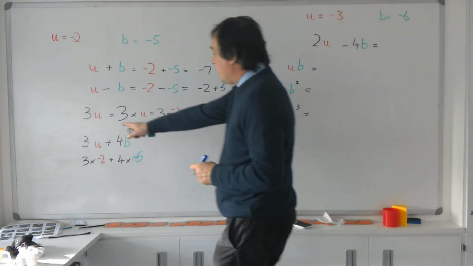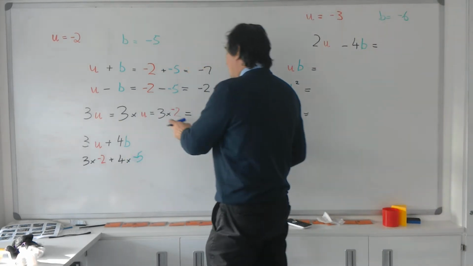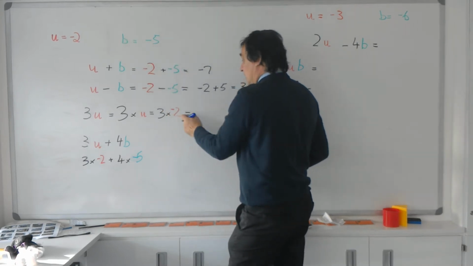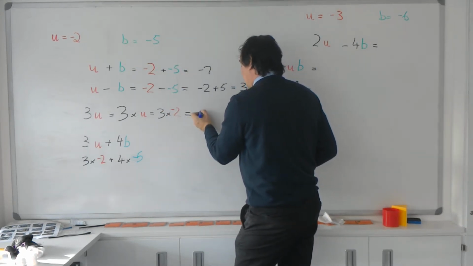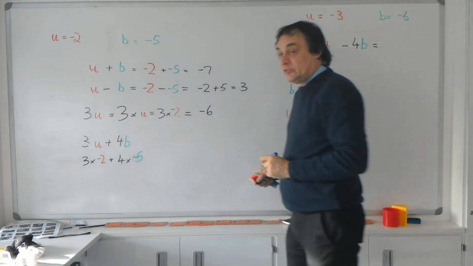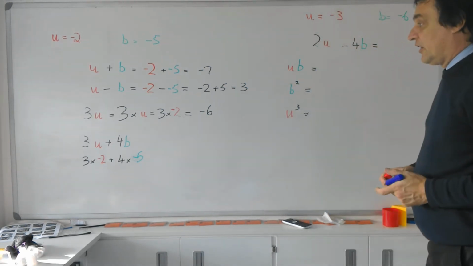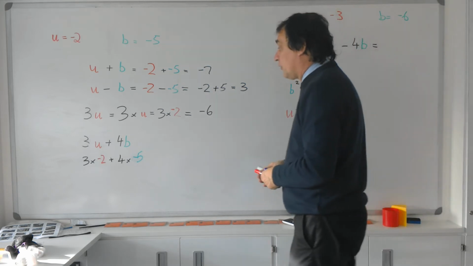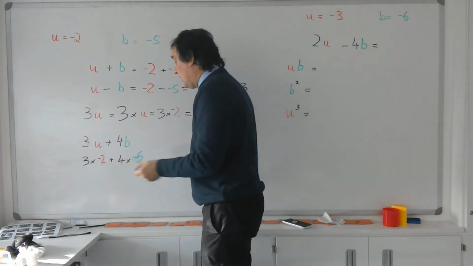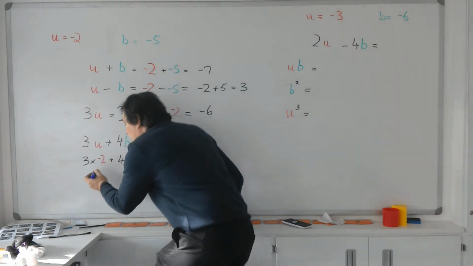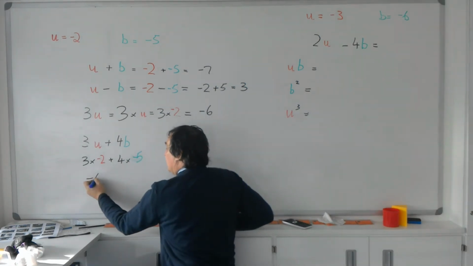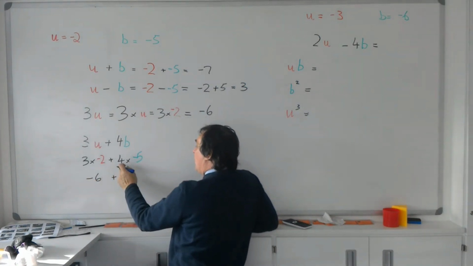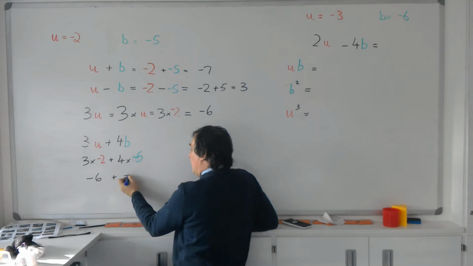Multiplying 3u means 3 times u, which is 3 times -2 in this case, which is going to give us an answer of -6. Might have a combination here. So we're going to have 3u, which is 3 times -2, so -6, plus 4b, which is 4 times -5, which is -20.